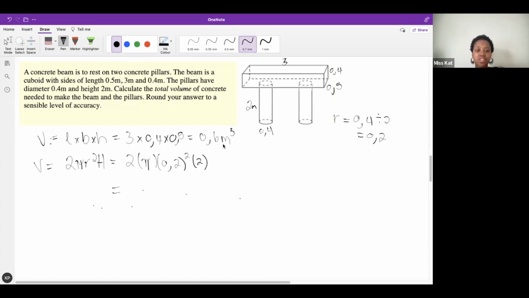How much does that give us? 2 times pi times 0,2 squared times the height, which is 2. 0,5 meters cubed. So now that we have our 2 volumes, what do we do with them? We add them because we wanted the total volume. Okay, so total volume will then be 0,5 plus 0,6. And how much is that?